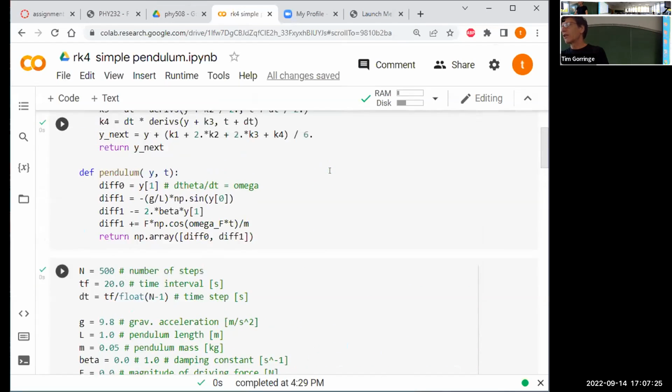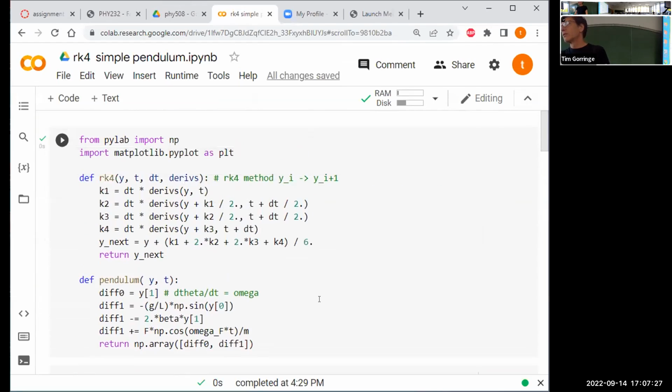So now I'm going to go to my code. I need my user-defined function representing the fourth order Runge-Kutta method for calculating the dependent variable at time i+1 from the dependent variable at time i. So that's one function I need.